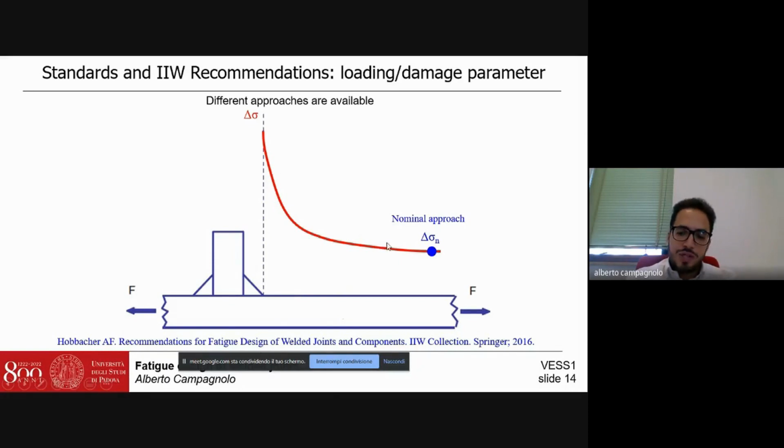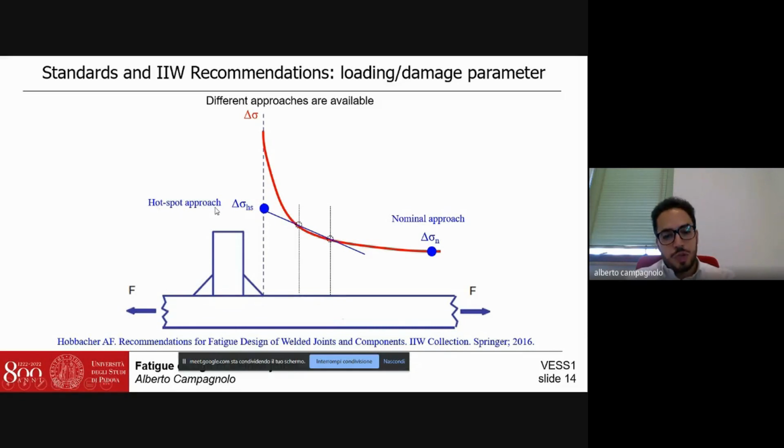So we will see that the nominal stress approach requires different fatigue strength curves for different global geometries of the analyzed welded structure, since it does not consider the local geometry, which is typically very similar for different welded structures. Other approaches are those based on semi-local or local stress parameters.